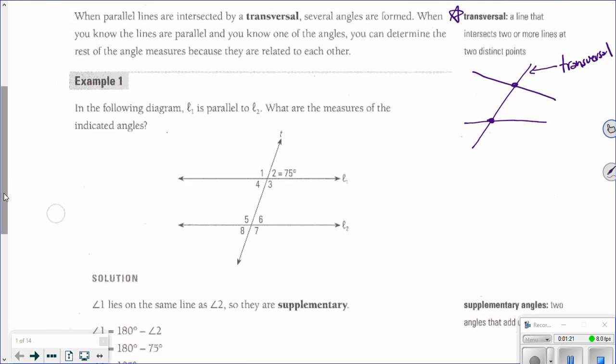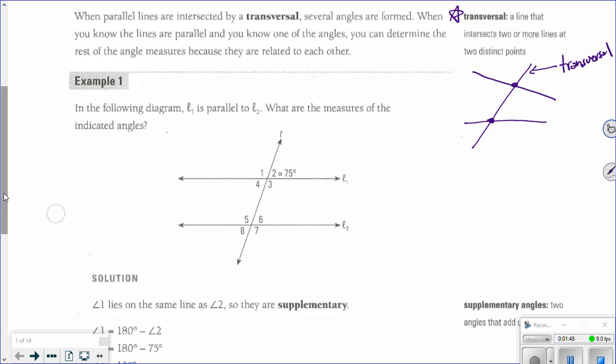Okay, so in this diagram right here, it says in the following diagram, L1 is parallel to L2. What are the measures of the indicated angles? Parallel lines are special because if a transversal crosses parallel lines, then the angles are the same from one set to the other.